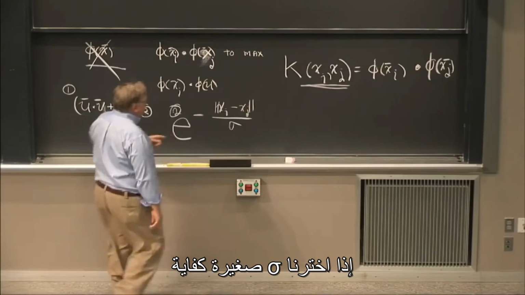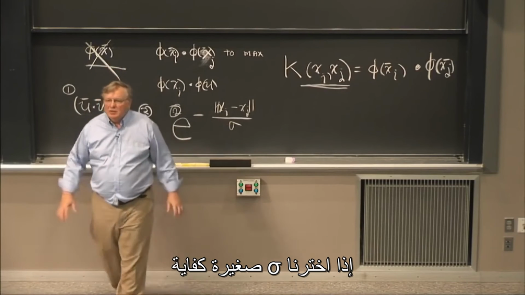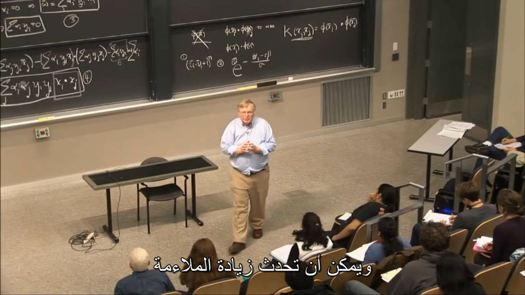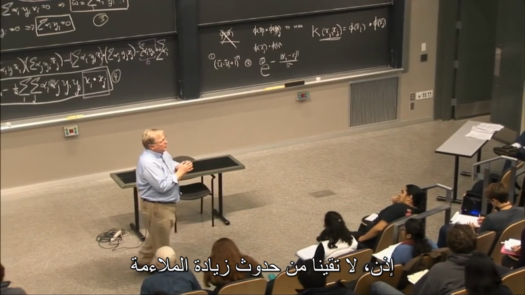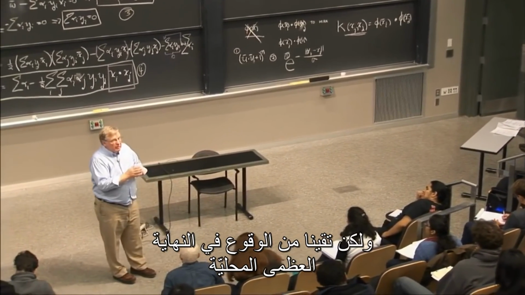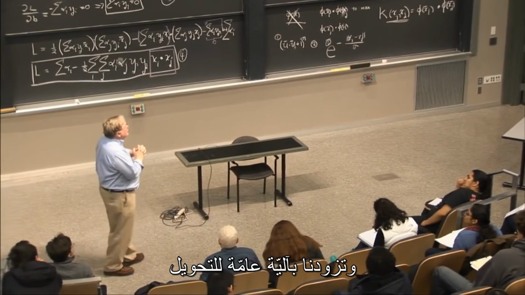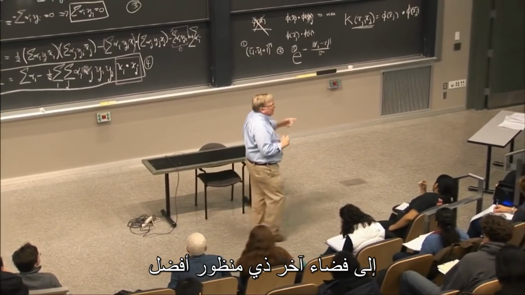If we choose a sigma that is small enough, then those sigmas are essentially shrunk right around the sample points, and we can get overfitting. So it doesn't immunize us against overfitting. But it does immunize us against local maxima, and does provide us with a general mechanism for doing a transformation into another space with a better perspective.